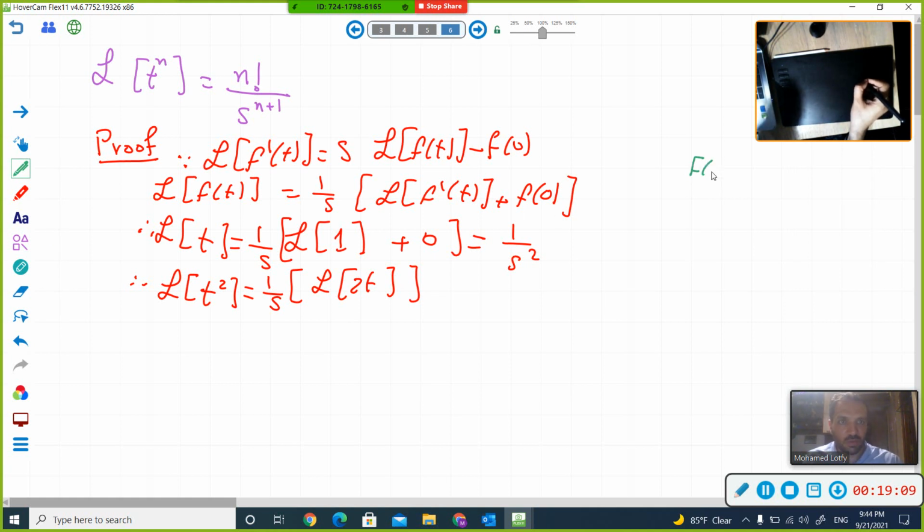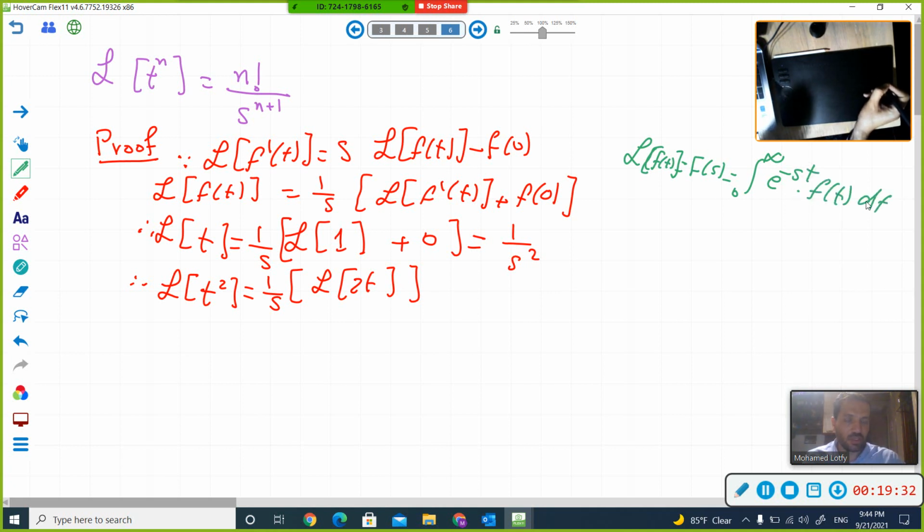So f of s, the Laplace transform of f of t, which is f of s, equals the integration from 0 to infinity of e to the power negative st times f of t dt.